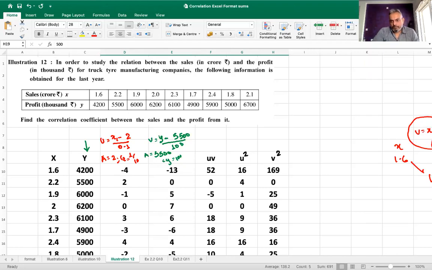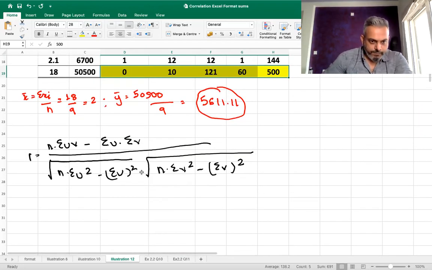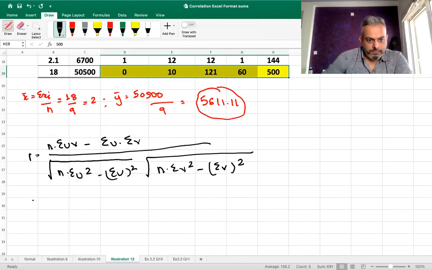Now, let's put all the values and close the sum. R is equal to, N is 9. So always write sigma UV in brackets.